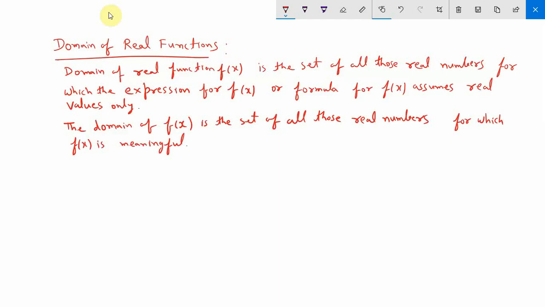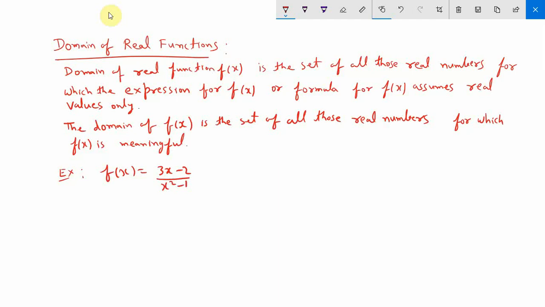So if we say a function, we will take an example. If f(x) equal to (3x minus 2) by (x square minus 1), so this function assumes real values for all x which is an element of real numbers, except denominator should not be 0.